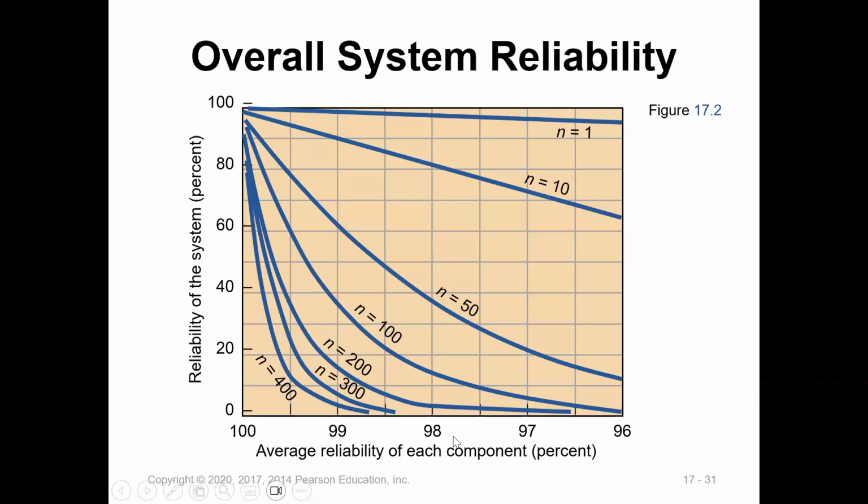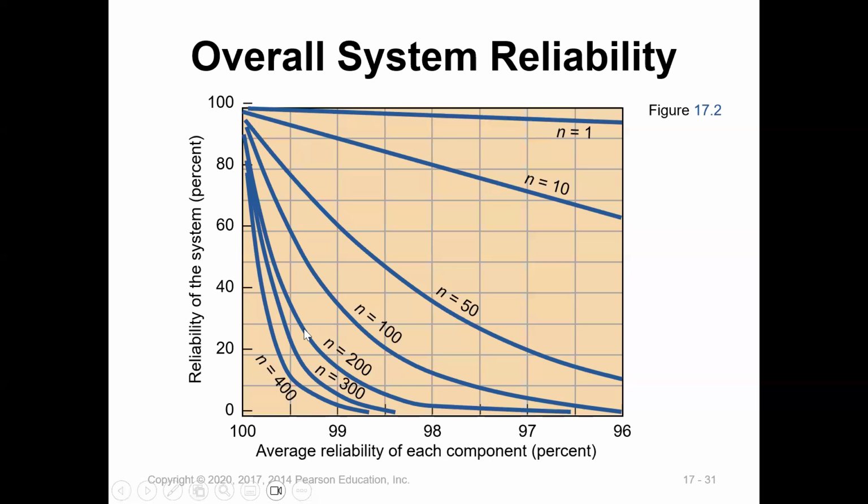Here we see the reliability of the system in percent. Of course, the maximum is 1, the minimum is 0. Here we see these lines going down from left to right as the reliability of each component decreases. Of course, if all the components have 100 percent reliability, the reliability of the system will be here.